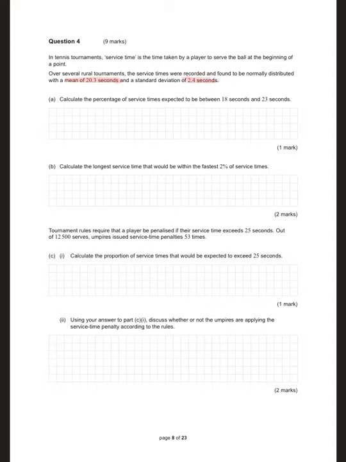Calculate the percentage expected to be between 18 and 23 seconds, so normal CDF: lower is 18, upper is 23, mean is 20.3, standard deviation is 2.4. Normal CDF 18, 23, 20.3, 2.4 is equal to 0.7008 to 4 decimal points.